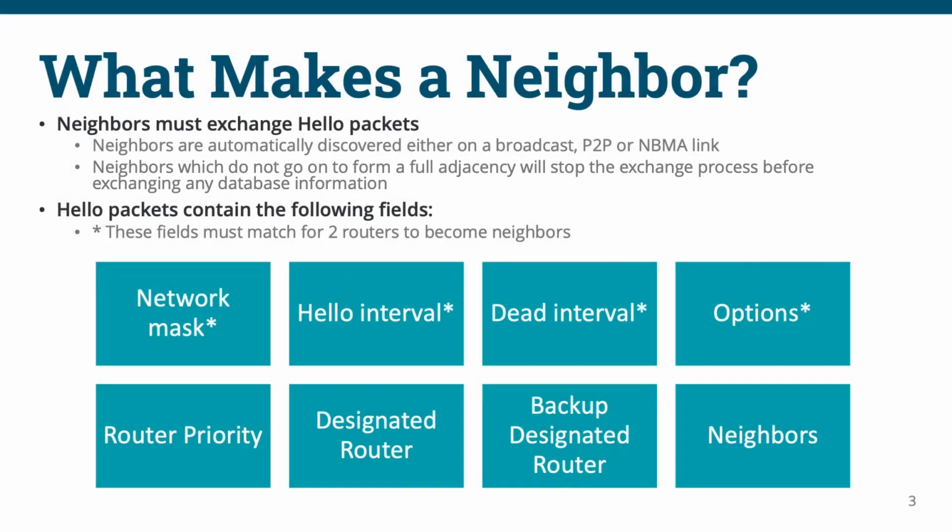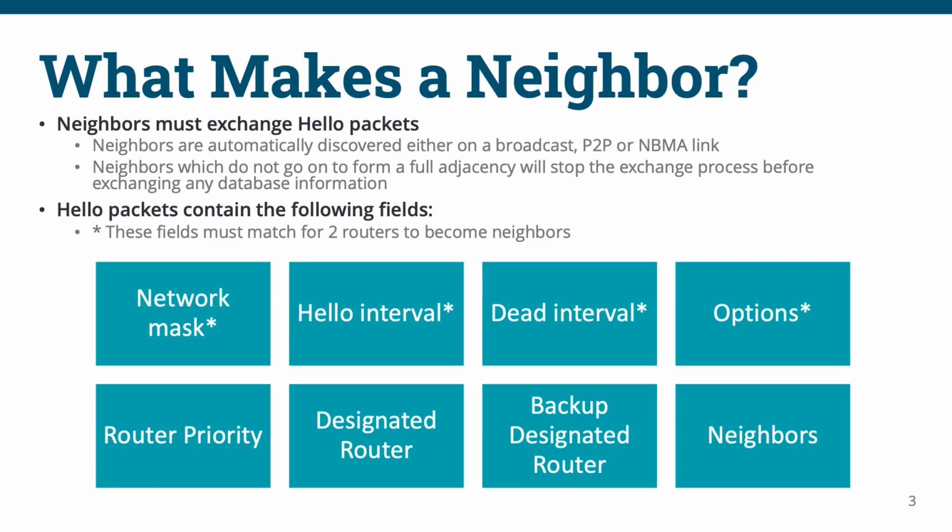The neighbor relationship is formed and both routers have validated that the fields in one another's hello packets match, and the routers list one another as neighbors in their hello packets. However, they do not exchange any routing information. They are only aware of each other. We'll go into this concept and where it comes up in OSPF topologies in a later lesson.